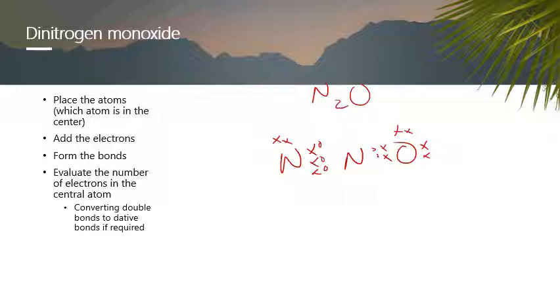Then I evaluate the center. In this case, I see there are 10 electrons, which is too many. For period 2 elements, they can have only a maximum of 8. So I'm going to convert one of the double bonds here to a dative bond. I shift back the 2 electrons.